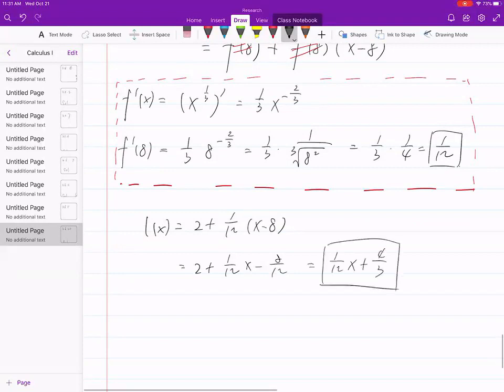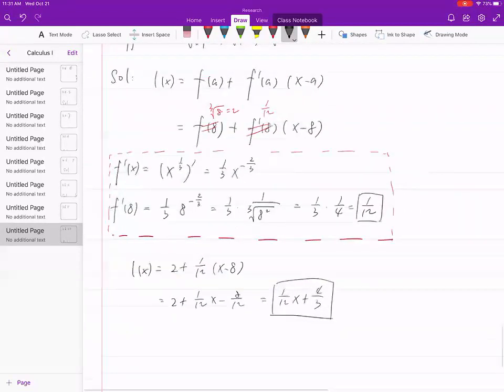Up to now, that's my linear approximation at 8 for the original function cube root of x. If you memorize the formula. If you didn't memorize the formula, just do the tangent line. You'll receive exactly the same answer.